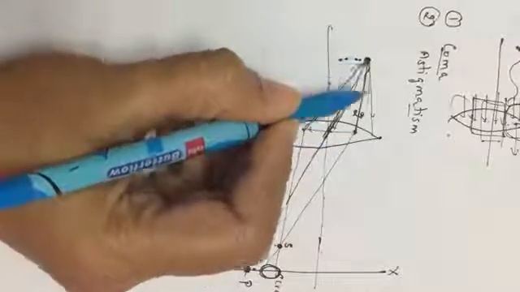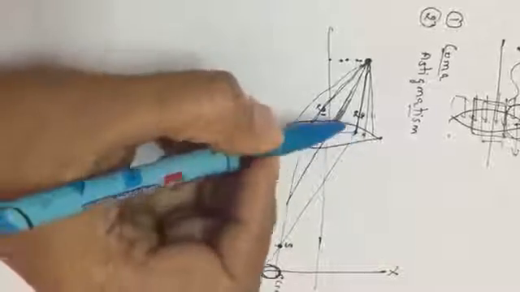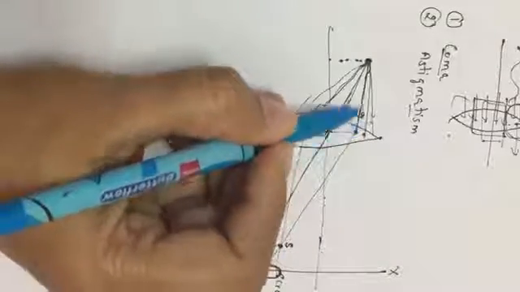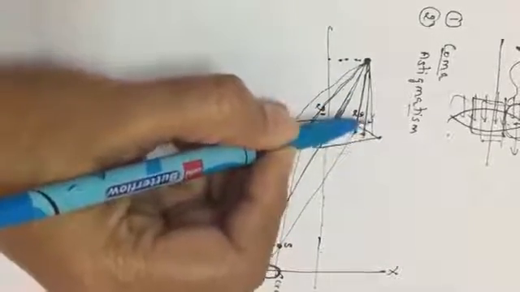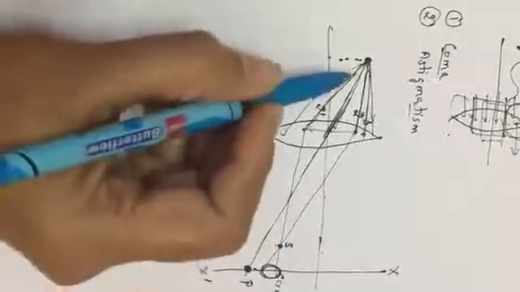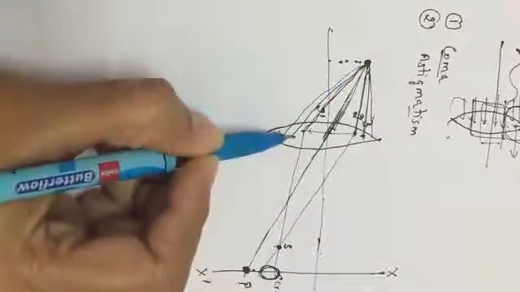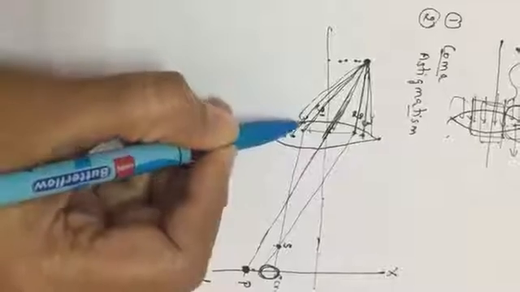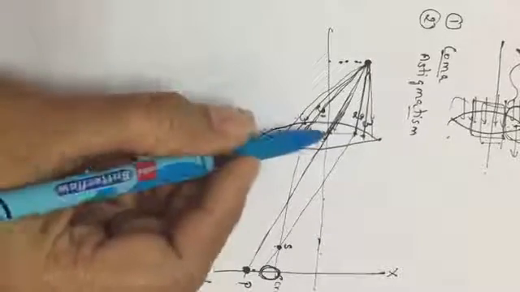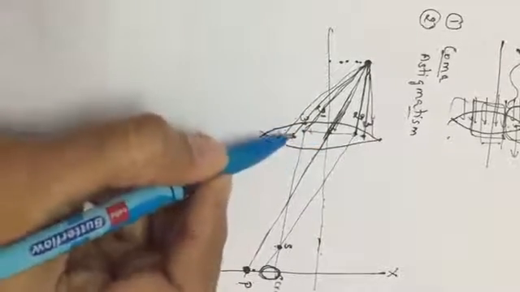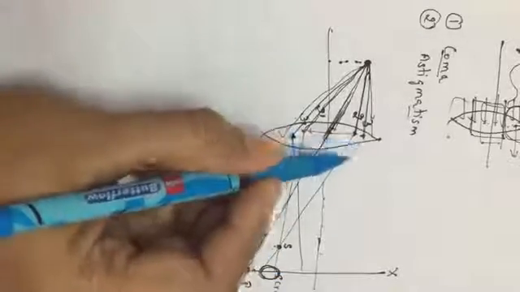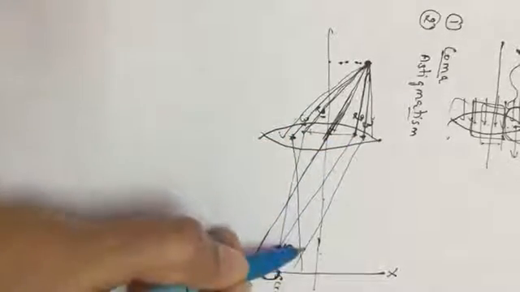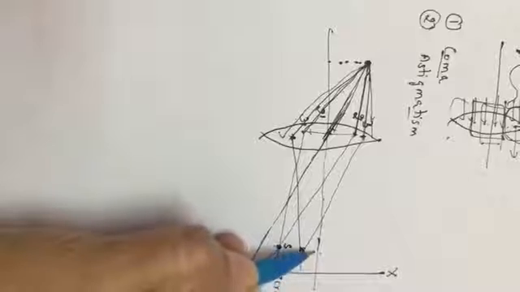Similarly, if we consider any ray at point 3 and having the same separation there is a ray 3 dash below the pole of the lens, we will find they will focus at any point.